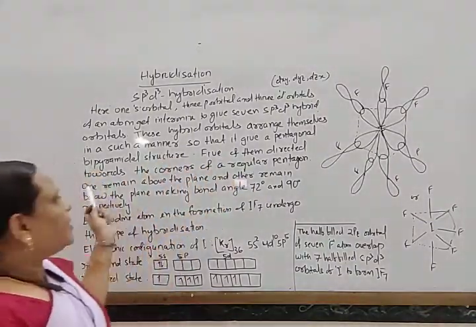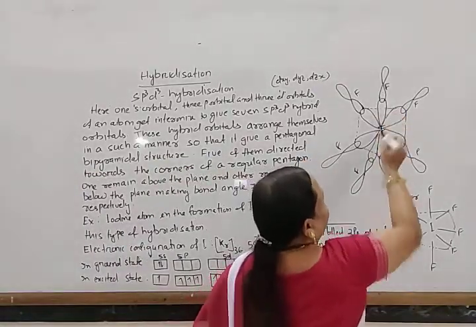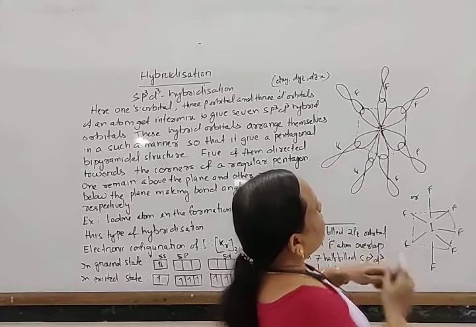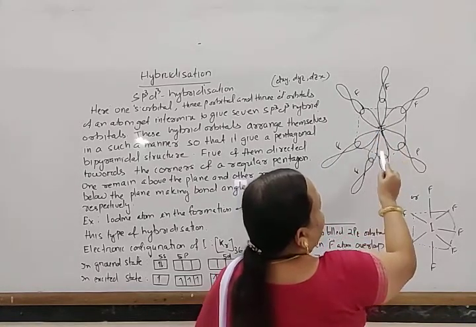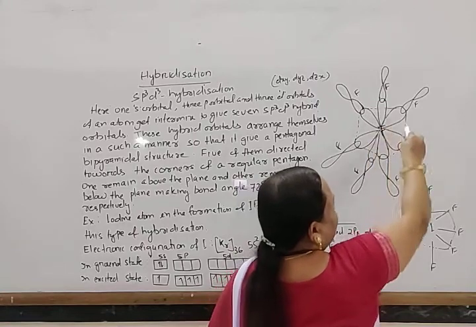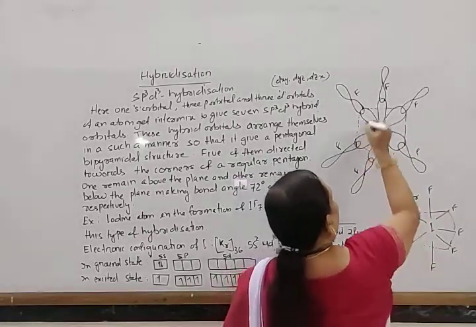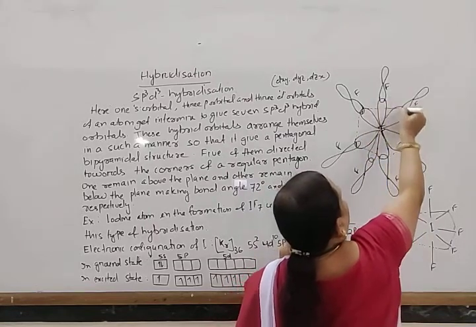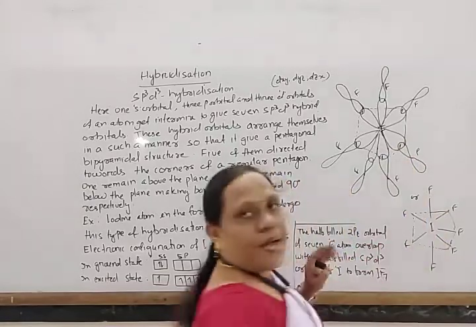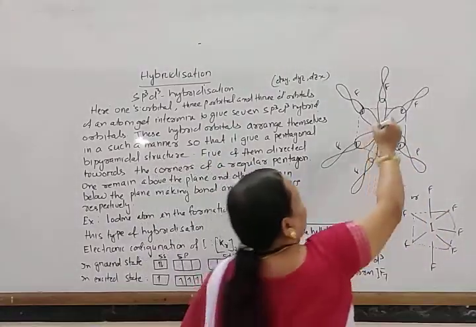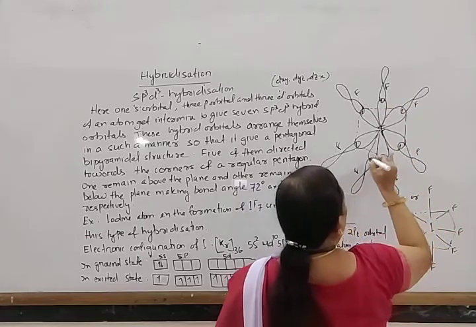5 of them are directed towards the corners of a regular pentagon. So in this way 5, so total 7. Look here, 1, 2, 3, 4, 5. 5 of them directed towards a regular pentagon structure. And one remains above the plane, another remains below the plane.